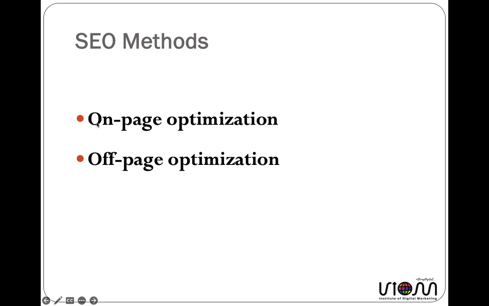In on page, we make changes on our web page, like your content, where you will add your keywords. Whereas in off page, we submit the links of our website on other websites. That is nothing but off page link building.